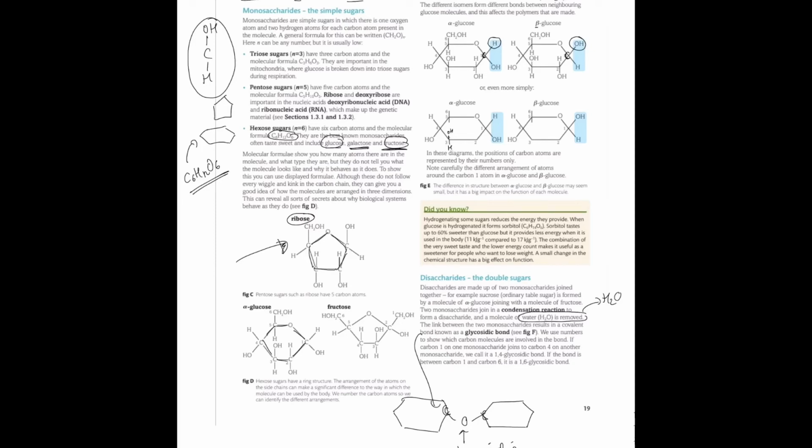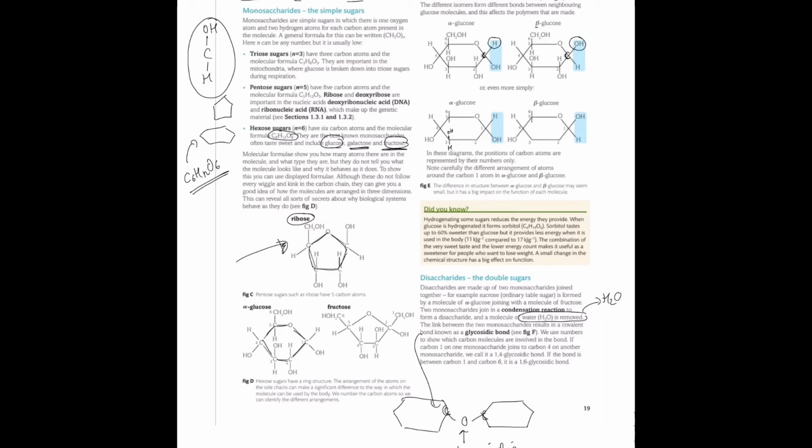We use numbers to show which carbon atoms are involved in the bond. If carbon 1 on one monosaccharide joins to carbon 4 on the other monosaccharide, we call it a 1,4 glycosidic bond. If the bond is between carbon 1 and carbon 6, it is a 1,6 glycosidic bond.